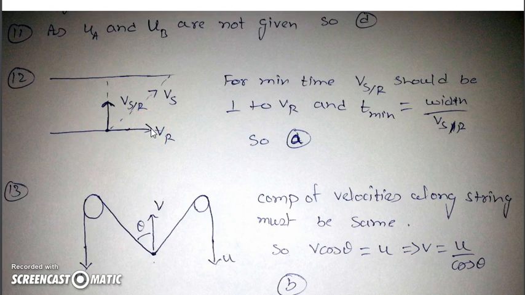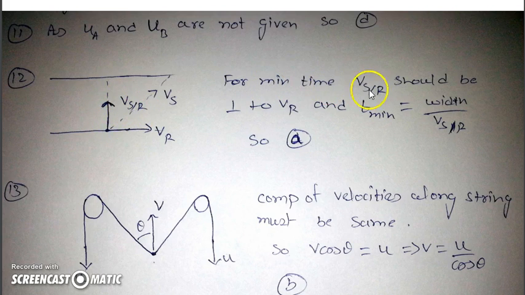X direction is positive. X is the direction of velocity of the river. The swimmer should aim in this direction, but he will reach somewhere here, which is the resultant of the swimmer with respect to river and the river. But he should try to swim in this direction.